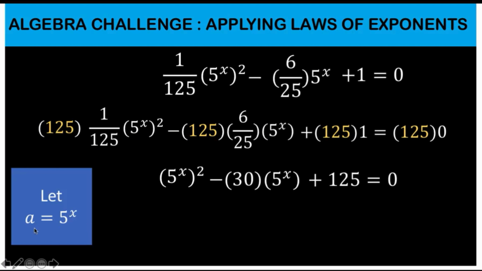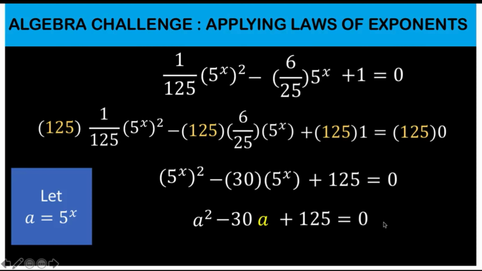So our purpose of this dummy variable is just to represent this exponential expression, because that will make our equation simpler in form and easier to manipulate. So using now our substitution a equals 5 raised to x, we now have, instead of 5 raised to x, our substituted variable a, then copy the exponent, copy minus 30 and replace 5 raised to x by a, and copy all the rest.